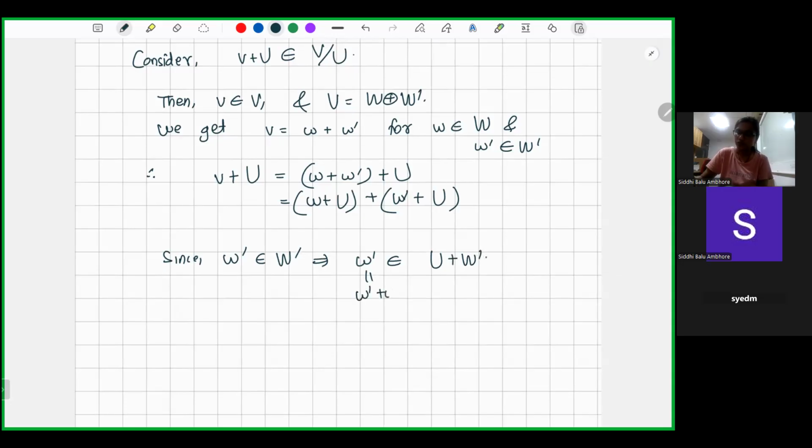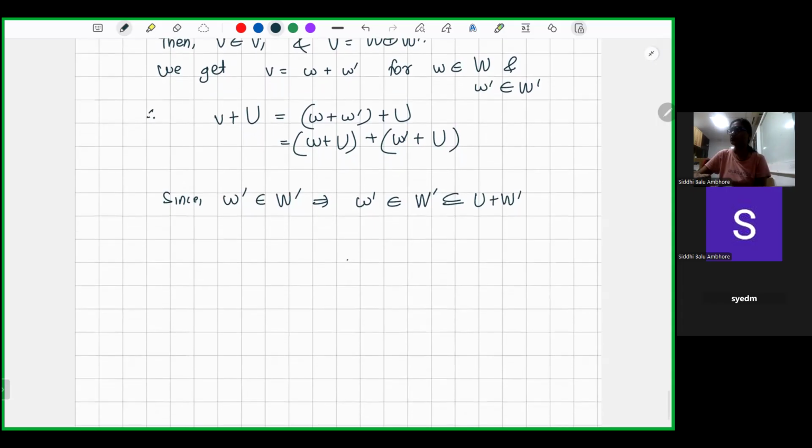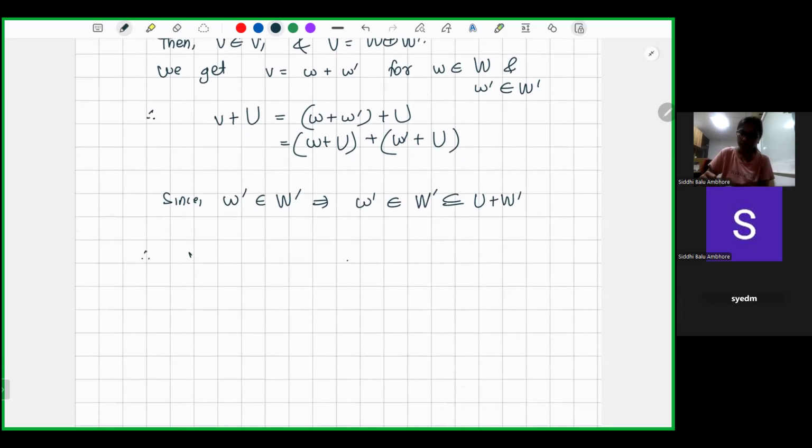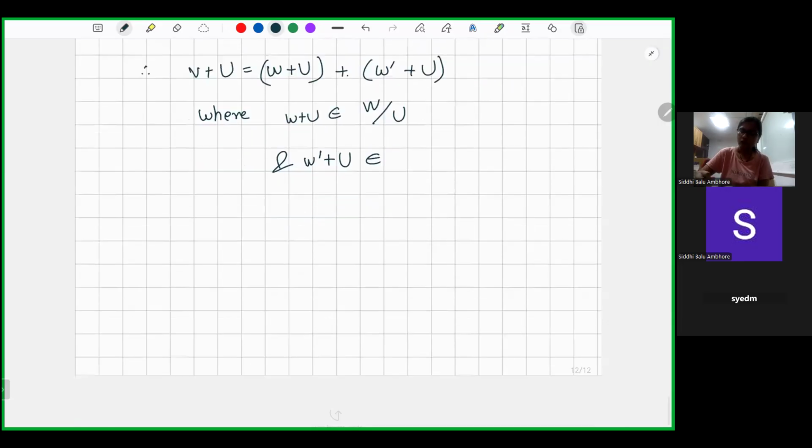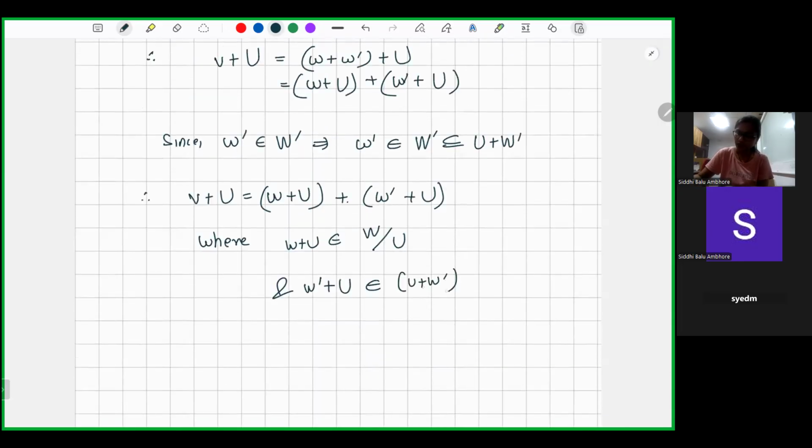Because I can write this as W dash plus 0, and this 0 I am considering as an element from U. So therefore, this V plus U we can write as W plus U plus W dash plus U, where this W plus U belongs to W quotient by U, and this W dash plus U belongs to U plus W dash quotiented by U.